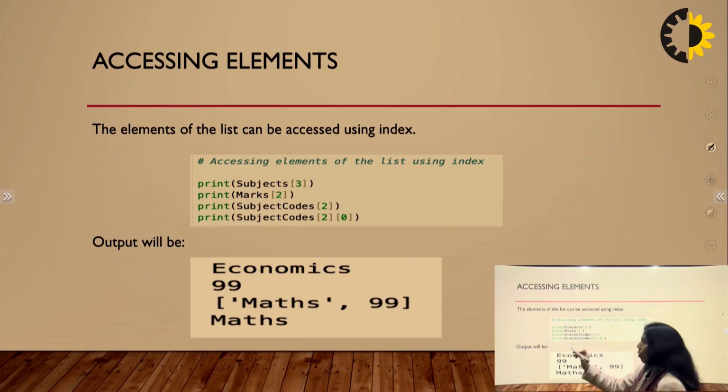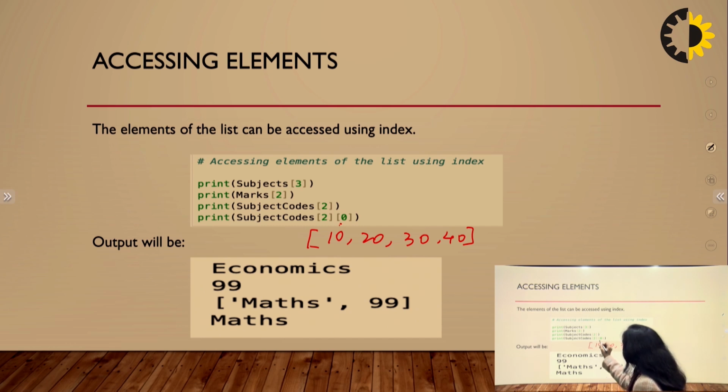If it starts from the beginning, suppose we have the list values 10, 20, 30, 40, then the index for 10 will be 0, 1, 2, 3. But if we start the indexing from the end, then the indexing will be -1, -2, -3, likewise. So this is the negative indexing and this one is the positive indexing.